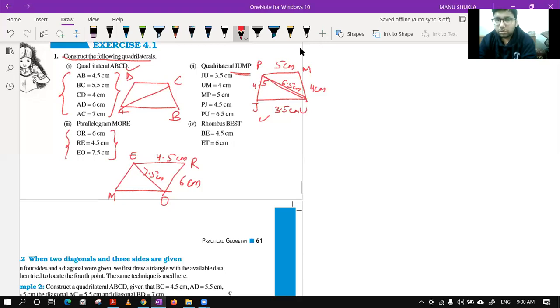How will you draw it without knowing this OM and EM? Anyone please confirm what needs to be done in this one? Harshul? Please confirm, class, how we can draw this quadrilateral?